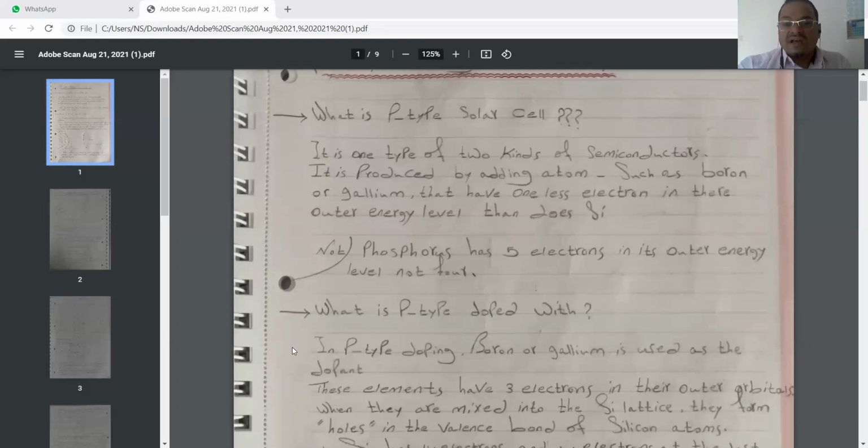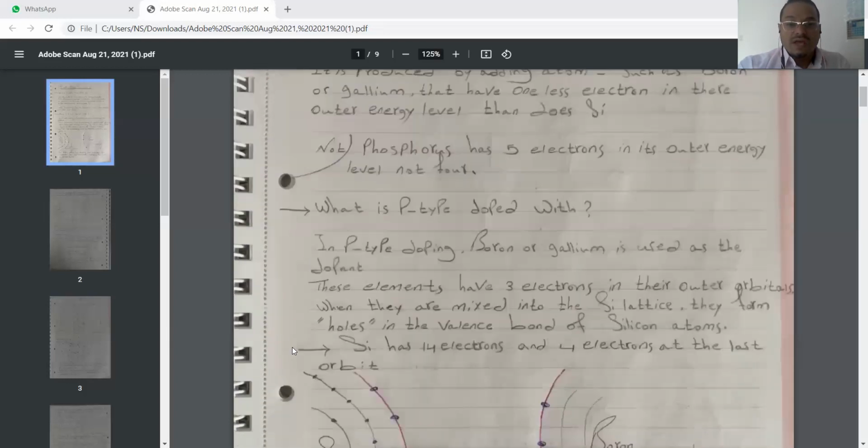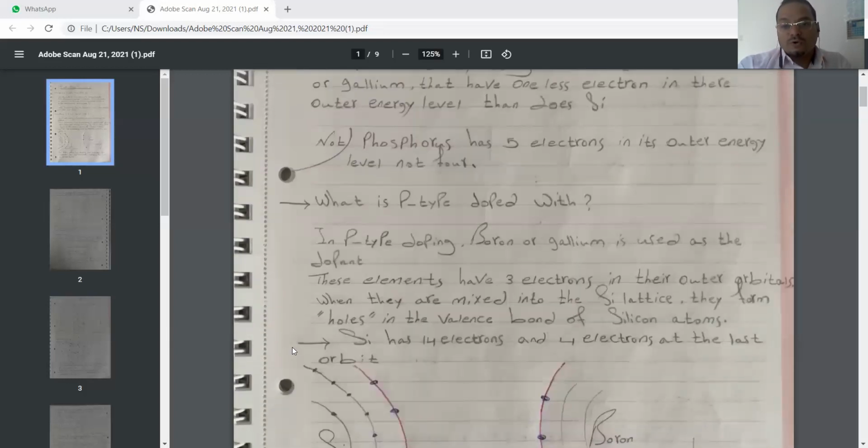What is the p-type doping and what will we use it with and why? In p-type doping, boron or gallium is used as the dopant. Dopant, we can imagine something like drugs to do some crazy thing, some activity to make this atom reach the stability.